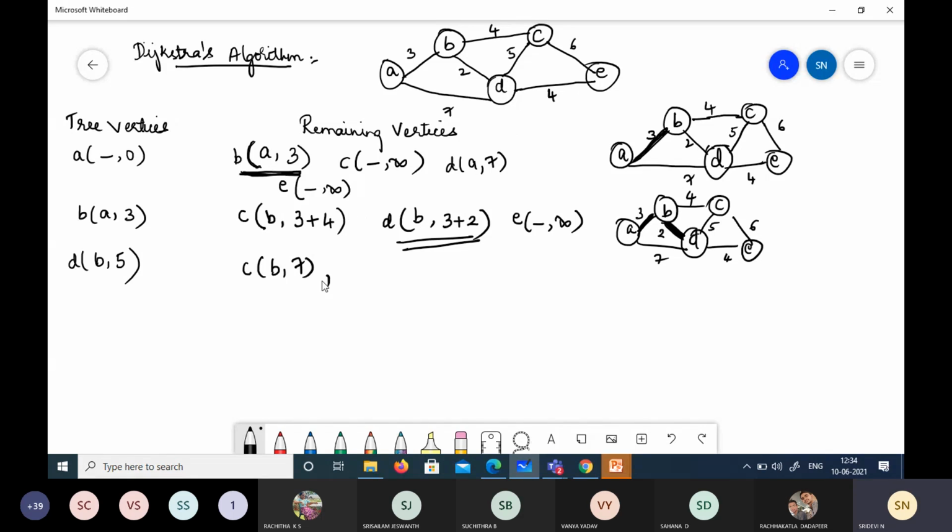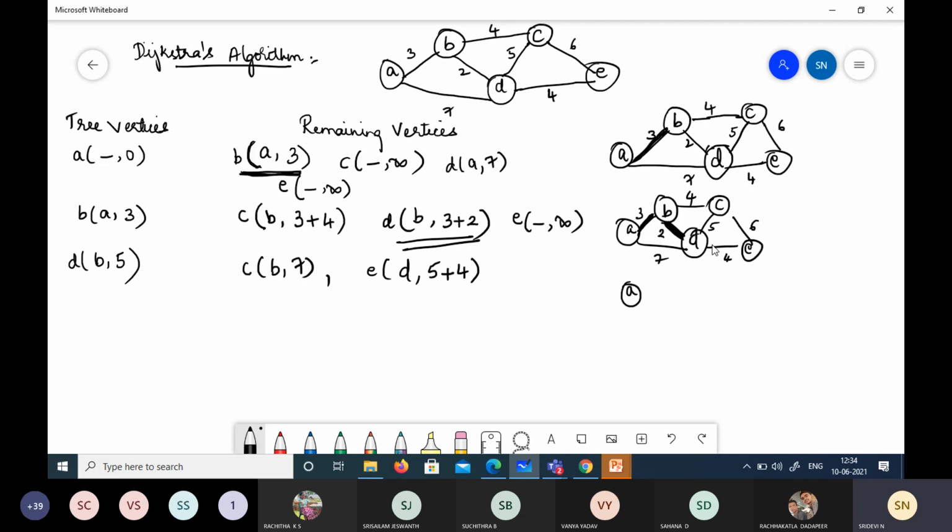Now, which is the other node? E. Yes, we can reach E, isn't it? We can reach E with the help of D. So what's the path? 5 plus 4. So reaching D, this distance 5, plus 4, D to E. Okay. So we have selected.